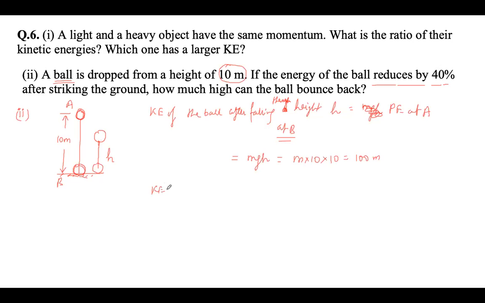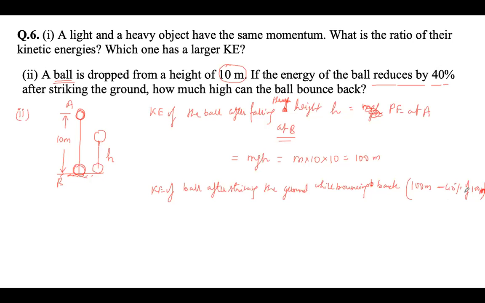Now kinetic energy of the ball after striking the ground while bouncing back, see, it is reduced, the kinetic energy reduces by 40%. So that means 100 m minus 40% of 100 m.